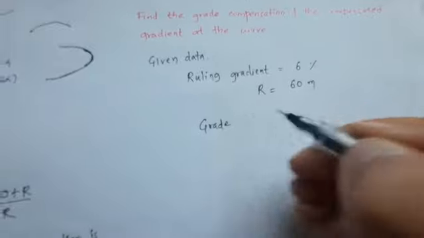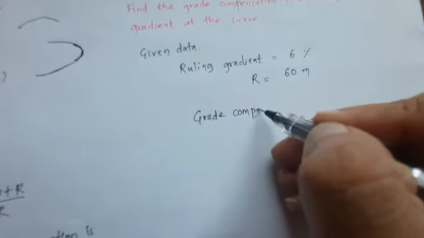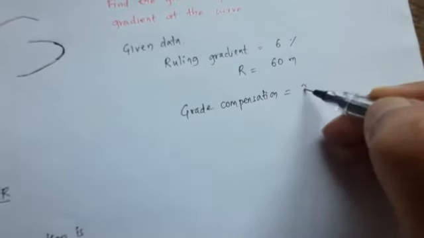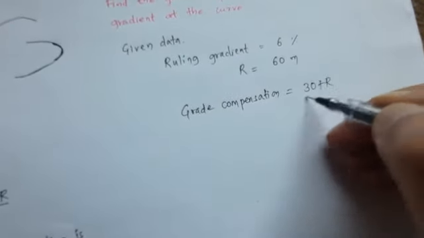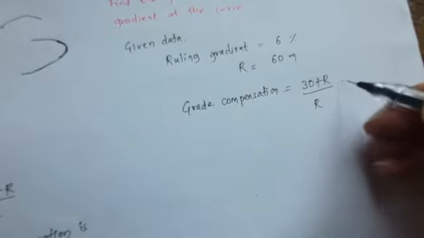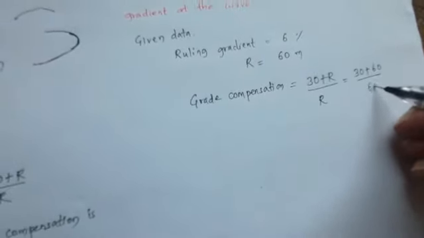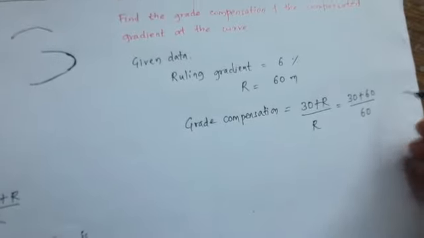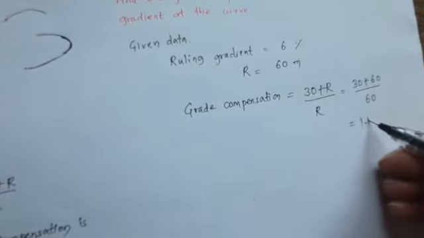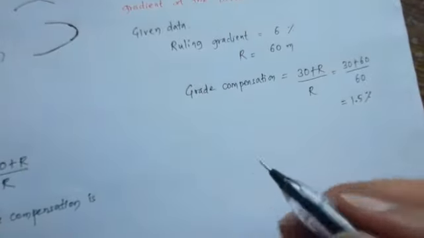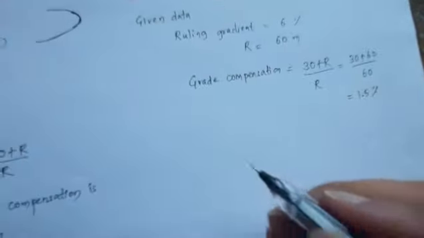Therefore the grade compensation is equal to (30 plus R) divided by R, that is (30 plus 60) divided by 60, where R is the radius. So you get around 1.5%.